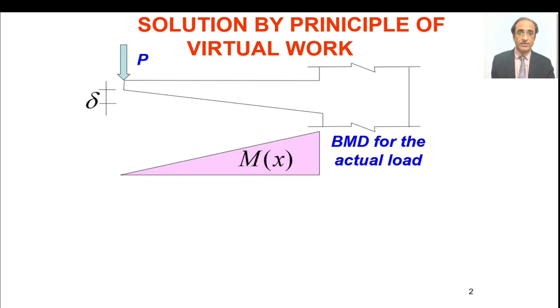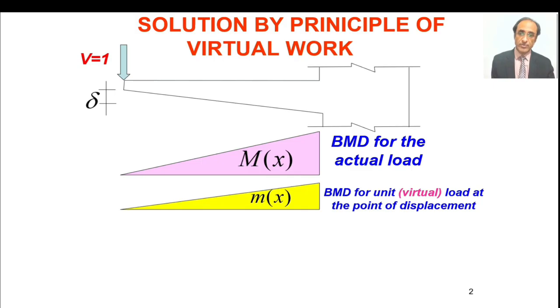Once we have it, we apply at the point where we want the displacement a virtual force of unit value. The virtual force is assumed to be infinitesimally small compared to the actual load, so that it does not bring about any changes in the system. Once we have the bending moment diagram for the actual load, we also obtain the bending moment diagram corresponding to the virtual force.